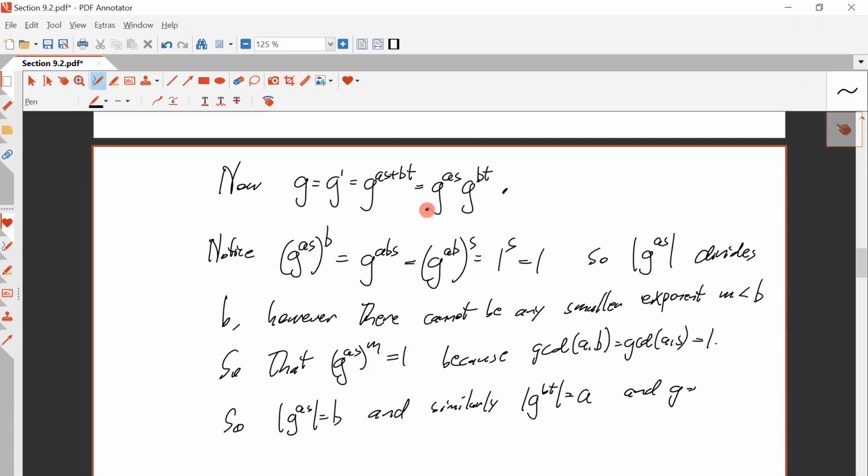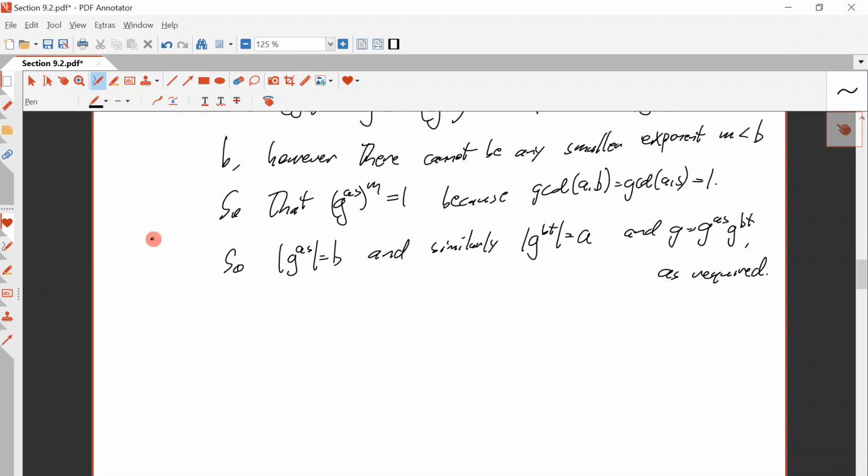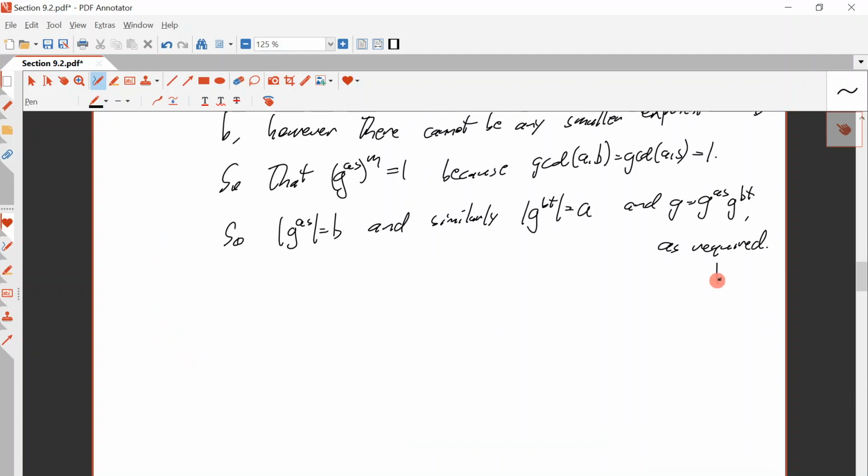And G is equal to the product of those two guys, as required. Okay? So now, that's the end of the proof of the lemma. Okay, end of the lemma proof.